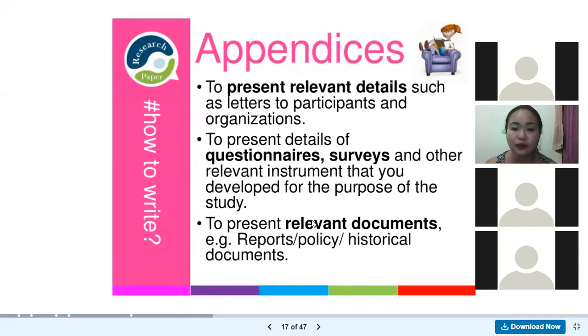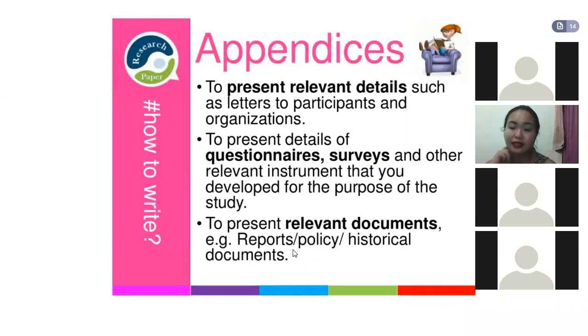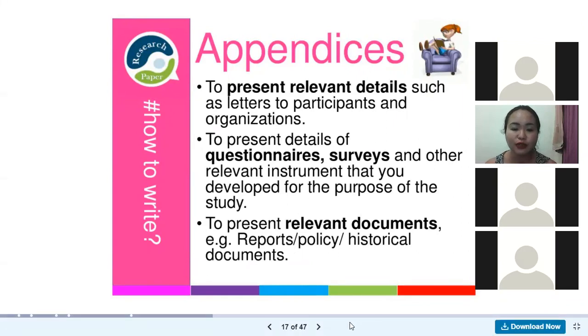And also present relevant documents such as reports or policies and historical documents that are very important to attach, but not necessarily included in your discussion or in the presentation. So that's all for now.